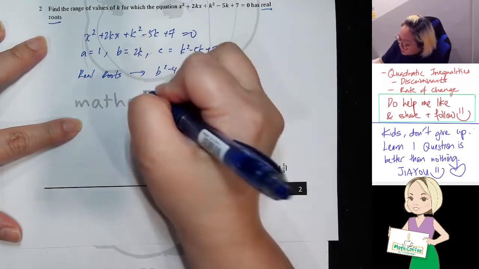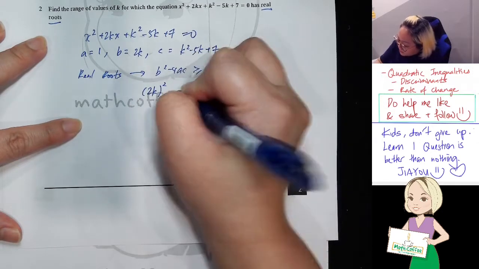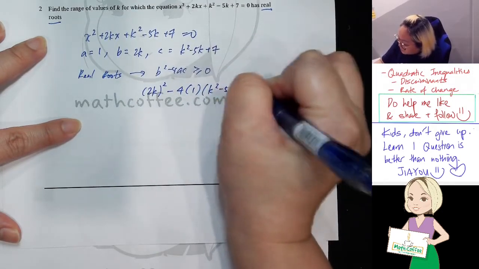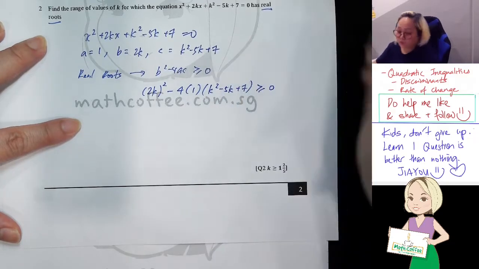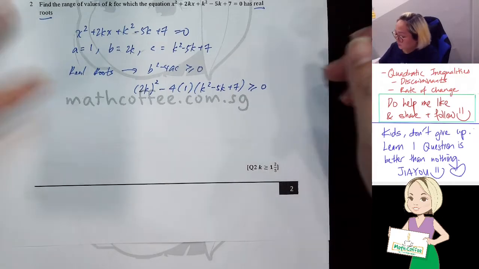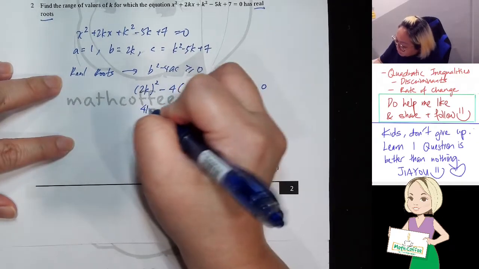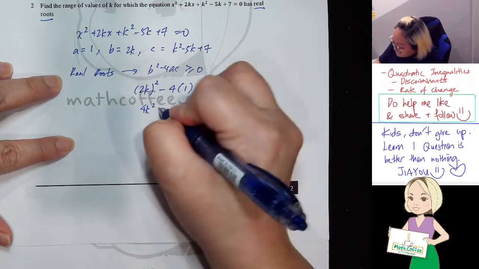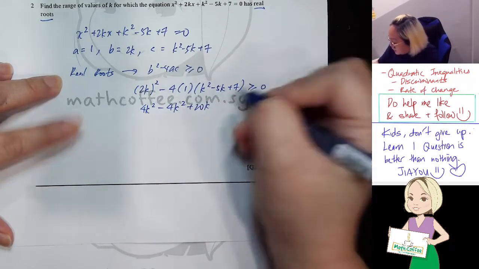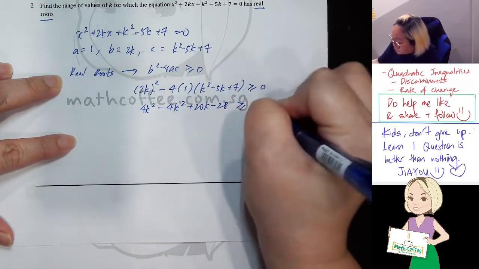So it will be b squared minus 4ac more than equals to 0. So we're going to solve this inequality. Now we have 4k squared minus 4k squared plus 20k minus 28 more than equals to 0.